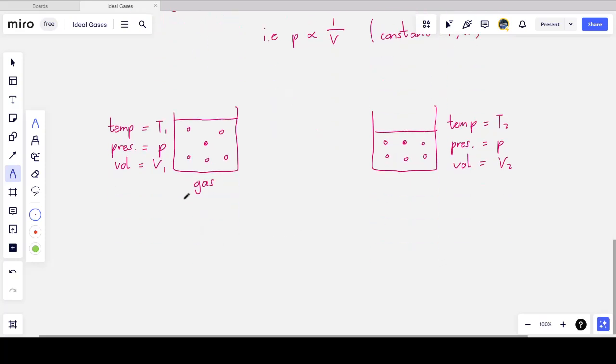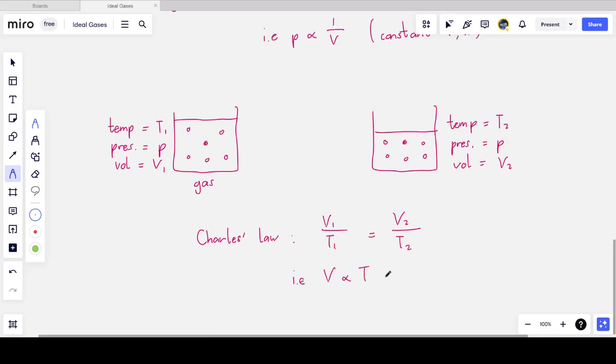Then our second gas law, which is Charles's law, says that the ratio of the volume to the temperature is constant. V1 over T1 is equal to V2 over T2 is equal to V3 over T3, etc. Which means that the volume and temperature are directly proportional, which kind of makes sense.